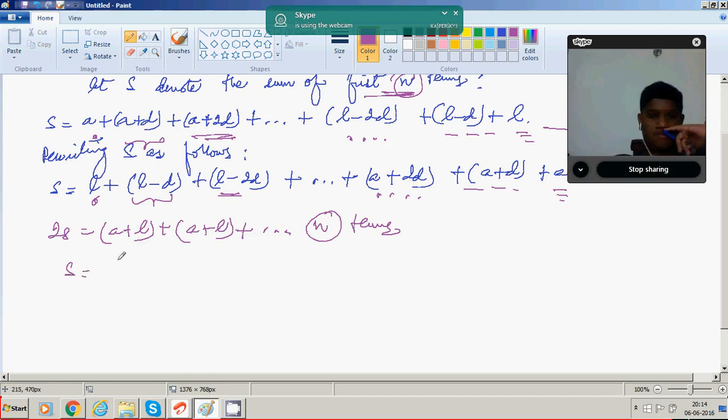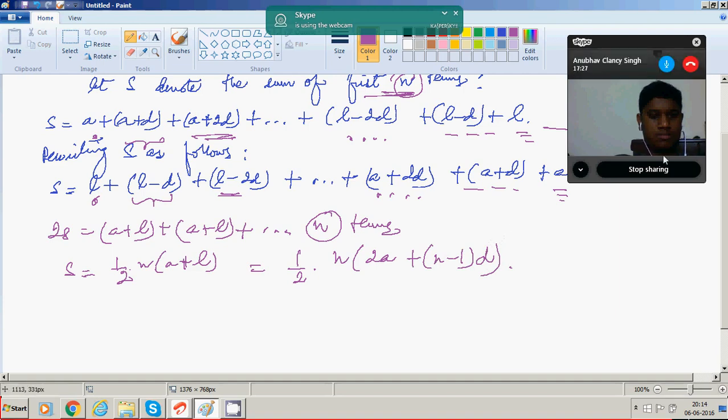So S is equal to 1/2 times n times a plus l, which can be simplified or put in another way as follows. Please take notes.